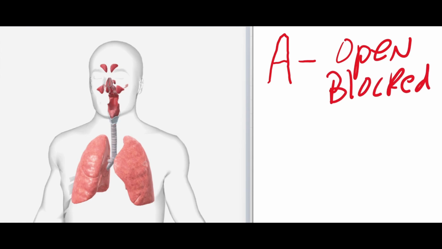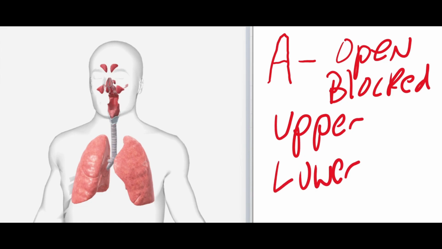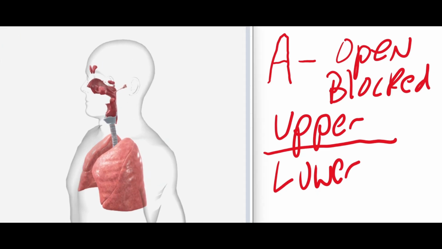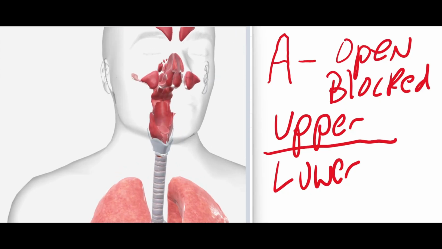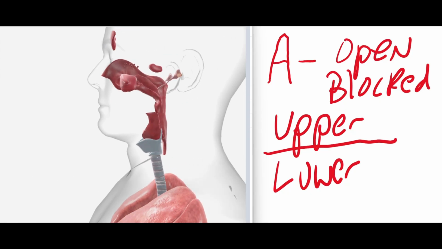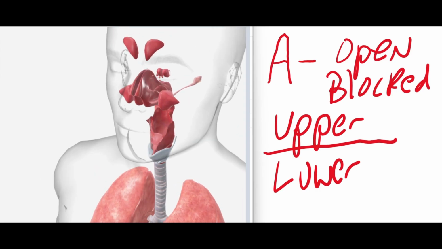Now remember, we are going to divide our airways into the upper airways and the lower. When we talk about the upper airways, first and foremost, we're going to be talking about things like the nasopharynx, which is the entire nasal passage all the way back into the back of the throat, or as we'll call it, the oropharynx.